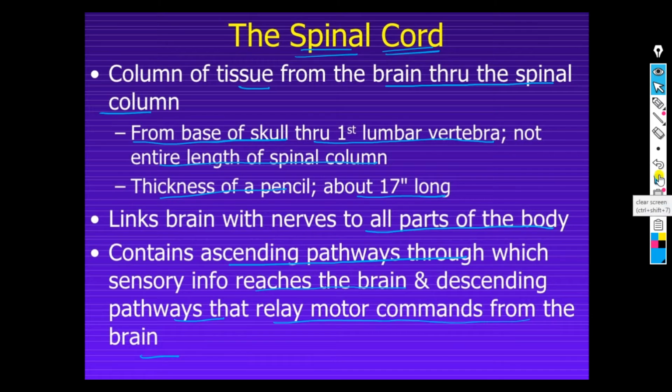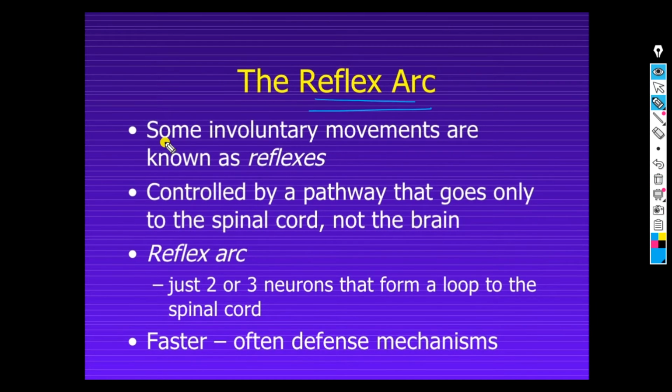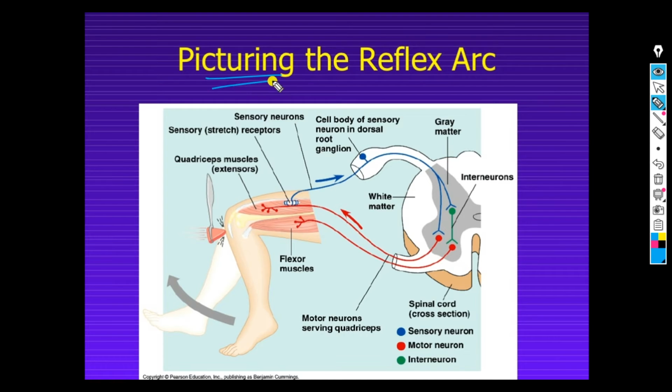Some involuntary movements are known as reflexes, controlled by a pathway that goes only to the spinal cord, not the brain. Reflexes are just two or three motor neurons that form a loop. We can picture the reflex arc here. When I hit the tendon of the quadriceps muscle, the sensory neurons transmit impulses to the spinal cord through the dorsal root ganglia.